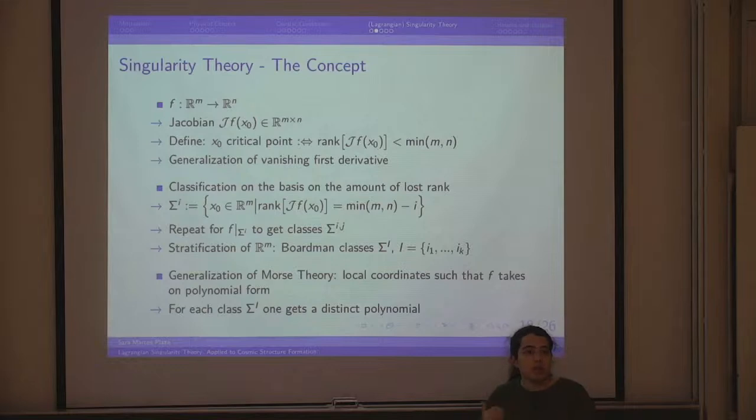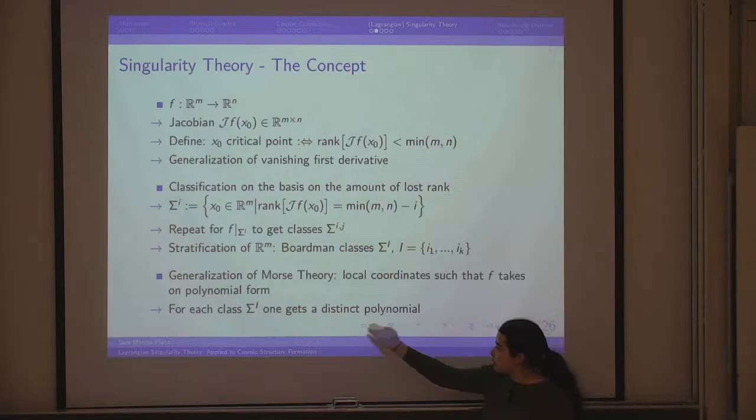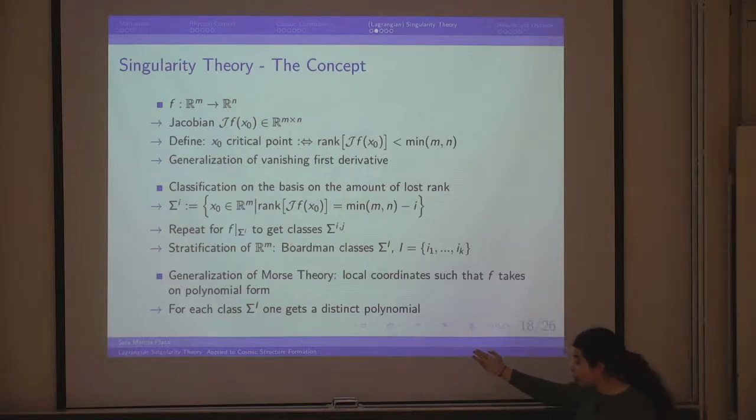So we need them to be more or less stable in that sense. So yeah, as I said, if you know what Morse theory is, it's a generalization of Morse theory. Yeah, and therefore, for each type of these classes, we get a distinct polynomial.